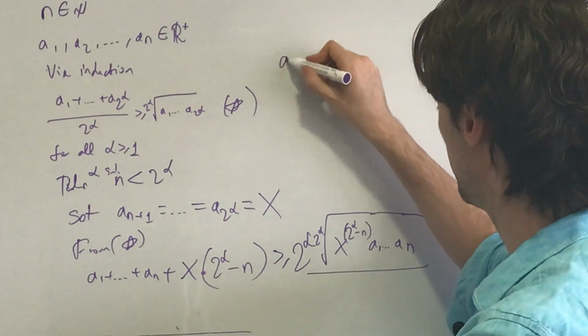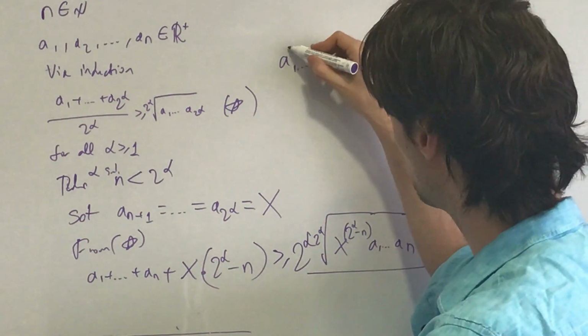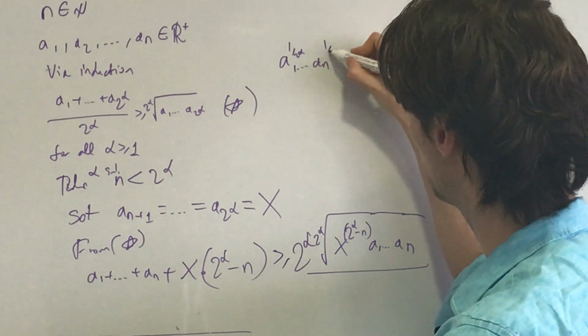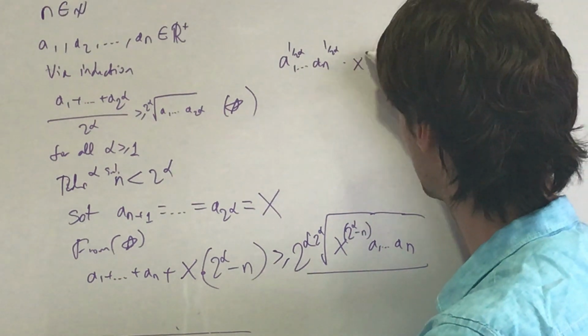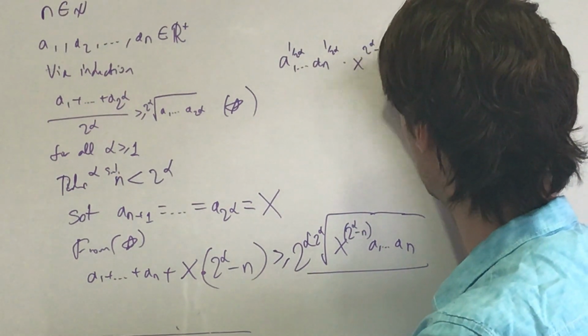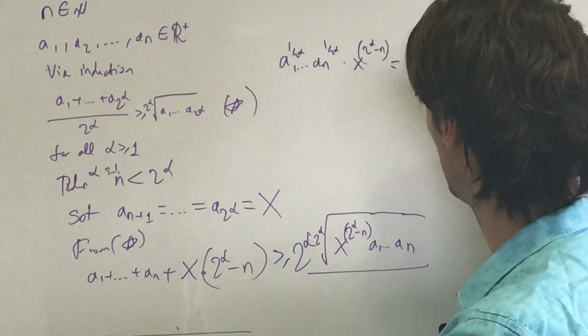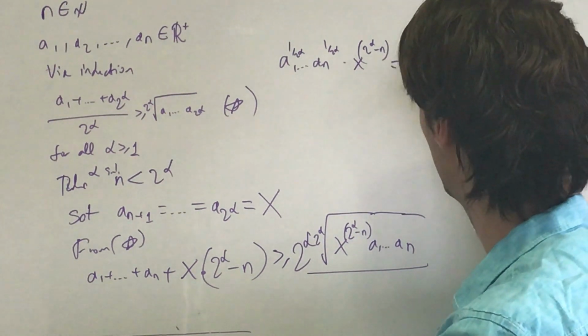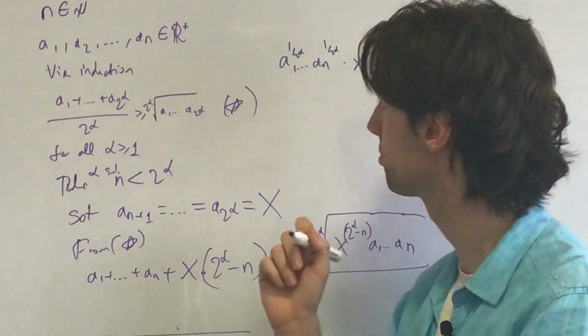We need a1 through an, all to the power of 1 over 2 alpha. We need this times x to the power of 2 alpha minus n to be equal to a1 to the power of 1 over n, and so on and so forth, an to the power of 1 over n.